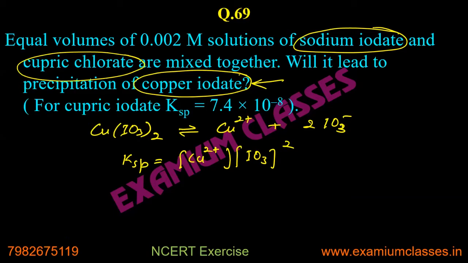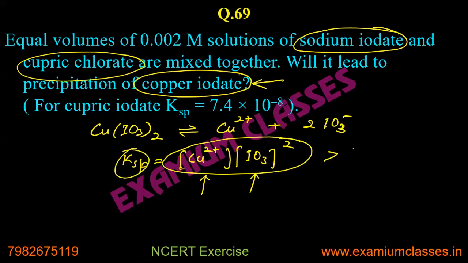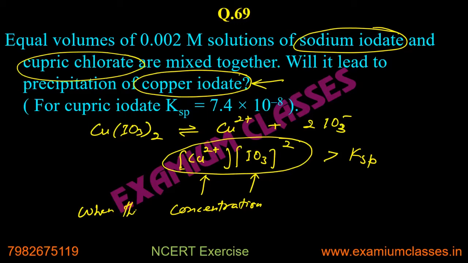Now the condition for precipitation. Precipitation will take place if the concentrations of these two ions is such that their product value is greater than this value, Ksp. It means when these concentrations are higher than that at equilibrium.